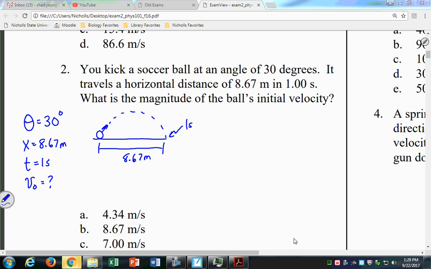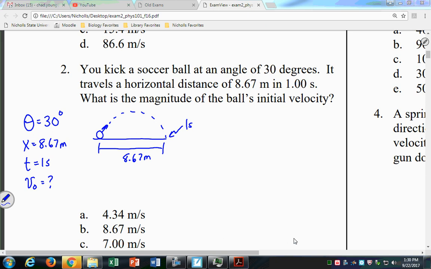So I want to know what V naught is. Well, how would I approach this problem? Because normally, I would look at the y motion. But here, since I don't know the velocity, I can't really do it the way that we've been doing it, to find the time and all that. What would I do?